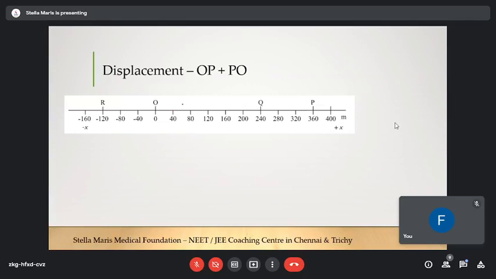I'm saying OP plus PQ. Okay, Disha, you follow? Yes, sir. Now the body goes from O to P. Is OP plus PQ one dimension or not? Just tell me that. No, sir. OP plus PQ is not one dimension. Why?